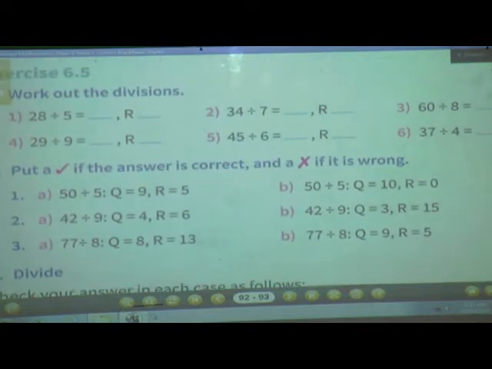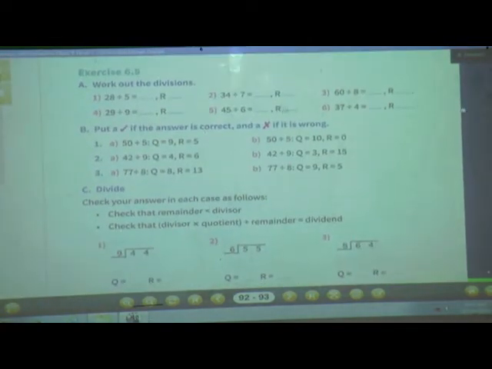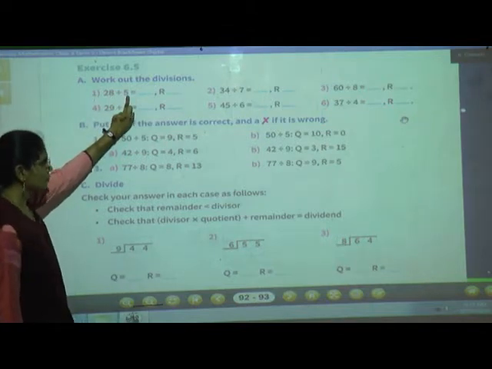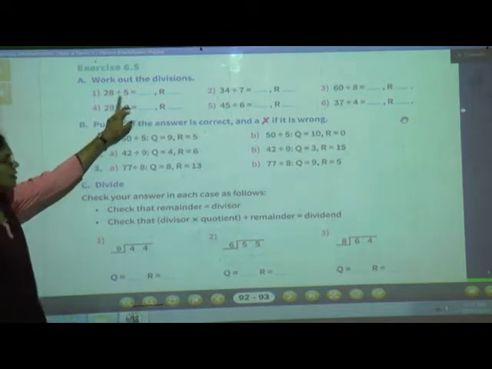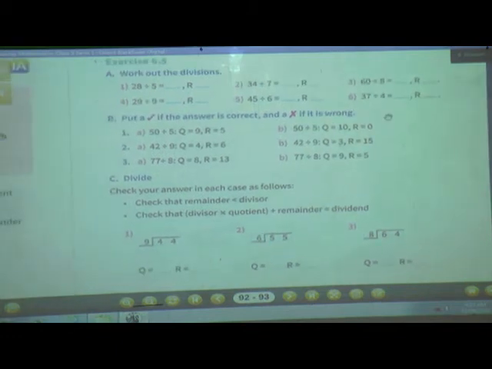What is the question? First, question A we will see. Work out the division. Here the first one is 28 divided by 5. Now we will solve the first example, 28 divided by 5.